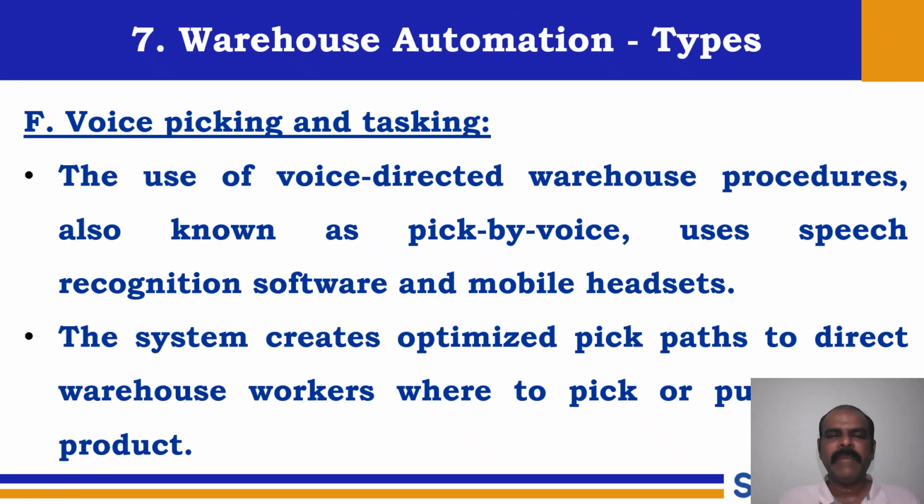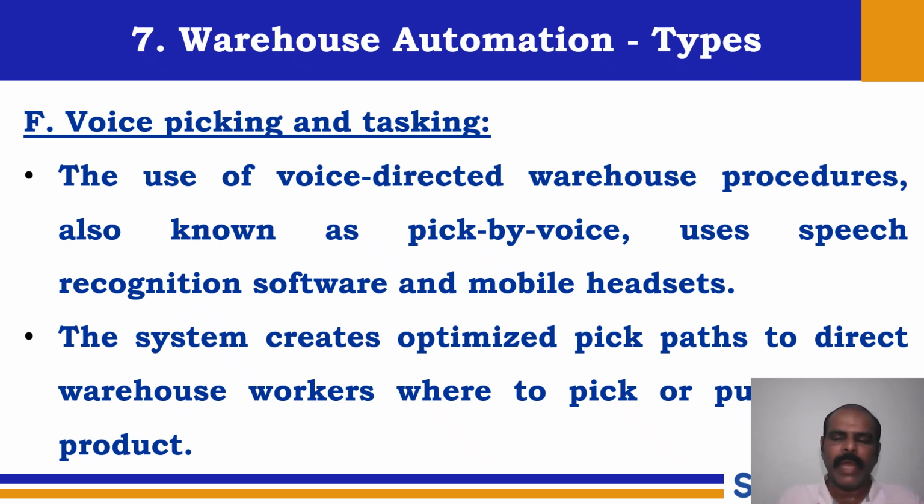F, voice picking and tasking. Today, with the advancement in AI, we have several features. For example, even Google Sheets has it: we need not type, we just talk. It recognizes the speech and converts it into words. Today technology has developed so much, and here it is the same thing.